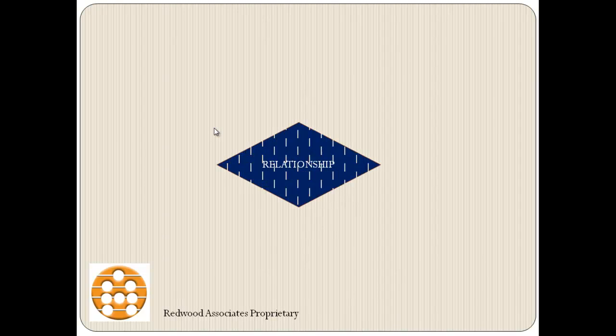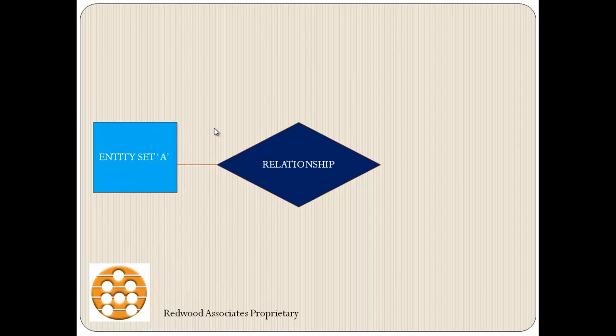There's another very interesting term that comes in the entity relationship modeling. It's the second part, the relationship. When we speak of relationship, it is nothing but an association among several entities. It describes how different entities are connected or related to each other.